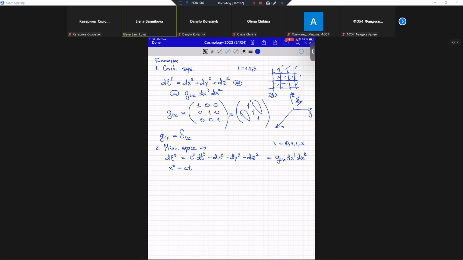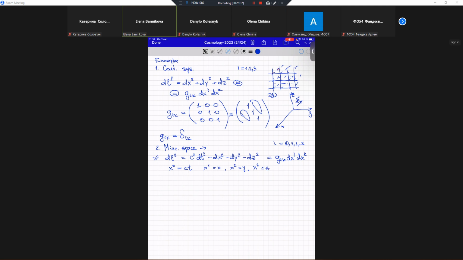If we multiply the speed of light by time, we obtain a length scale, which should be in the interval. And x1 is x, x2 is y, x3 is z.